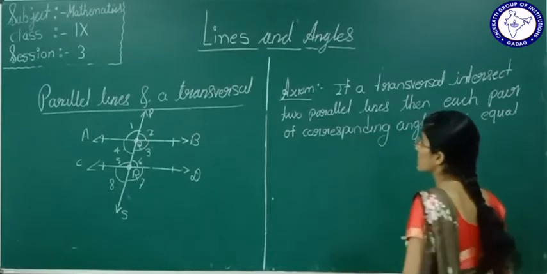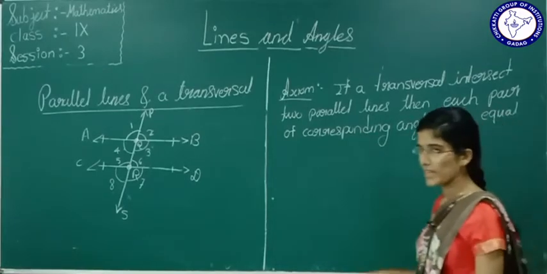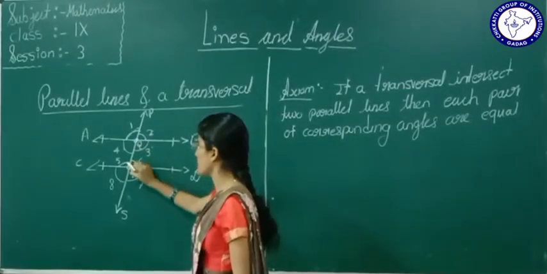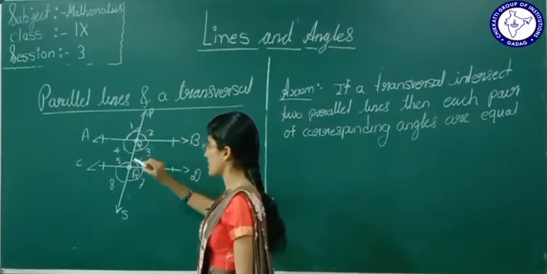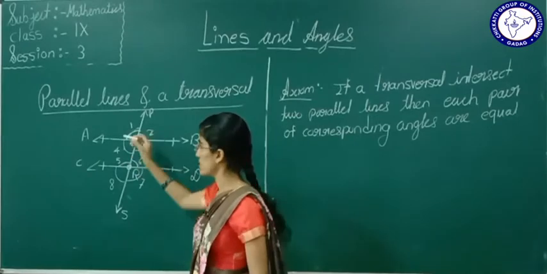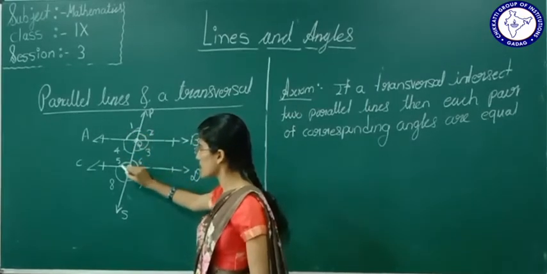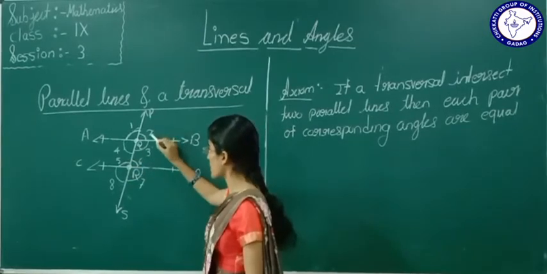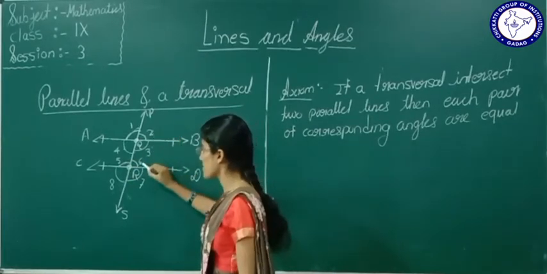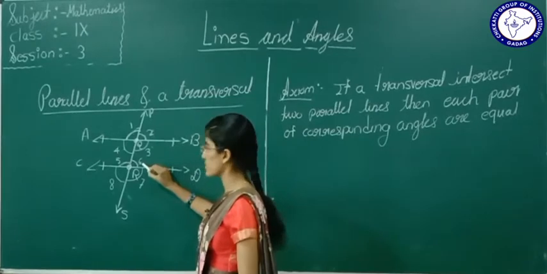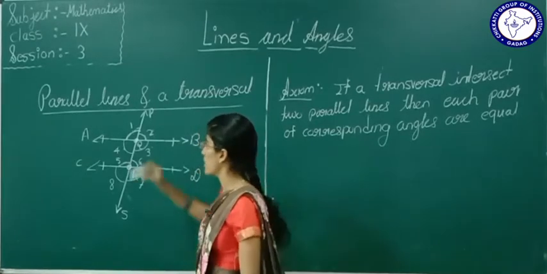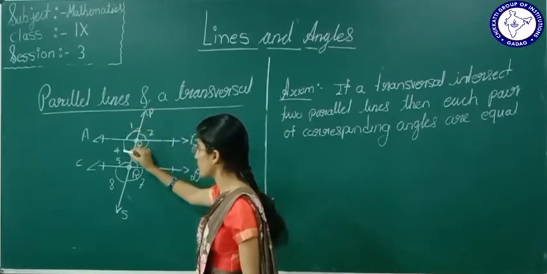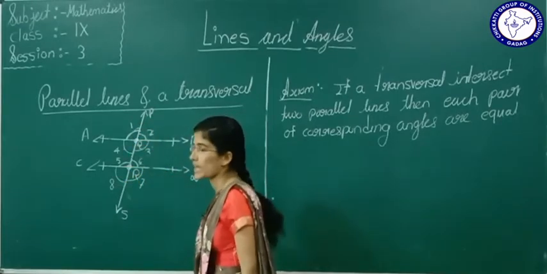See here, if you draw two parallel lines and one transversal, angle 1, angle 5, angle 2, angle 6 are equal. Whatever angle 1 is, the same will be angle 5. Whatever angle 2 is, the same measure will be there for angle 6. Whatever angle 4 is, the same will be angle 8.